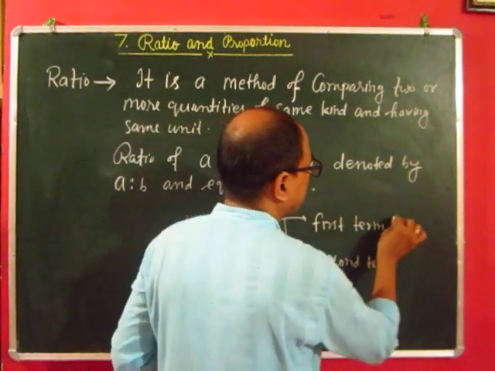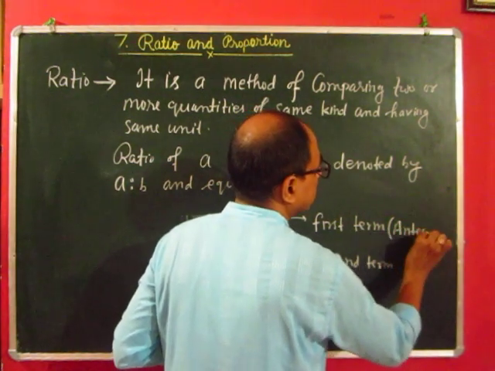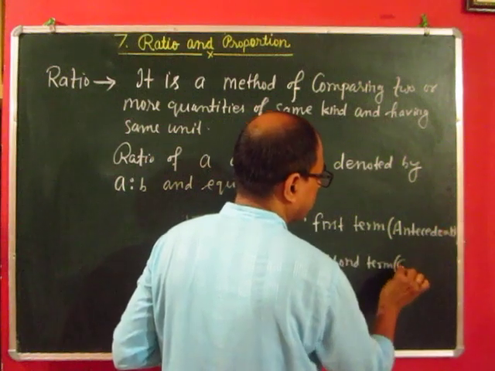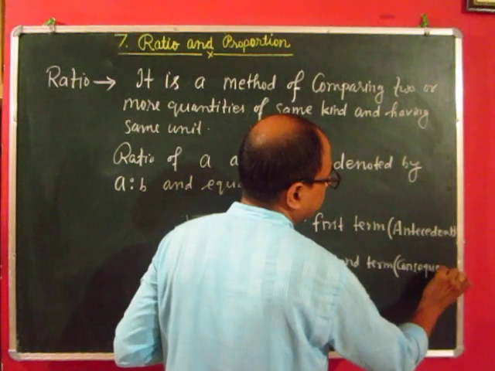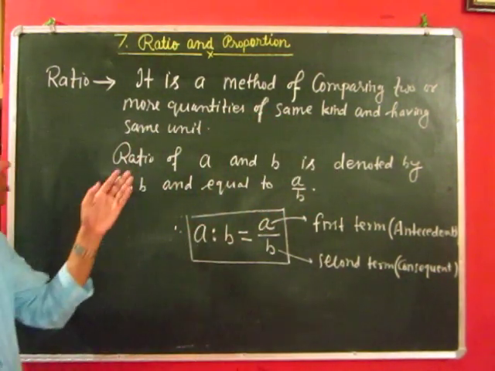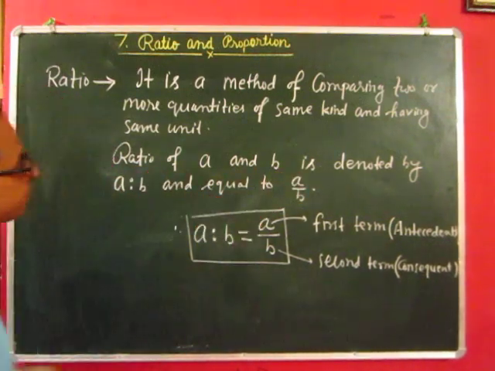The first term is also called antecedent, and the second term is also called consequent. So ratio of A and B is denoted by A is to B and equal to A by B.